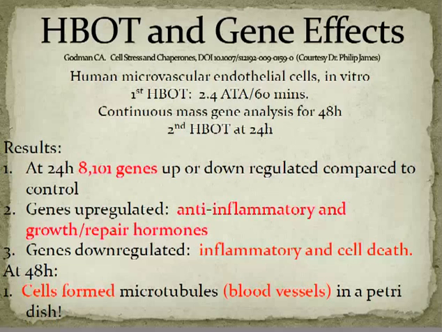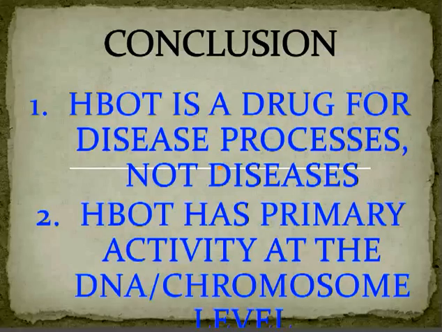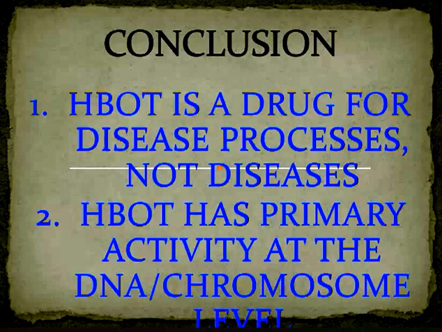As it turns out, some of the most noted physiologists have made a very strong argument that the difference between the two is whether or not you activate the microcirculation. So if we end up with an endothelial activation, we end up with a different type of injury. And in fact, that is probably the type that in a chronic sense is more susceptible to hyperbaric oxygen. Okay, so once again, a drug for disease processes, not diseases, and primary activity at the DNA and chromosomal level.